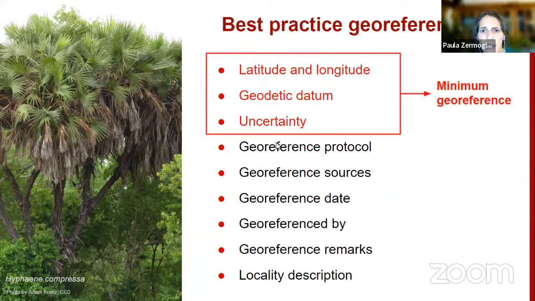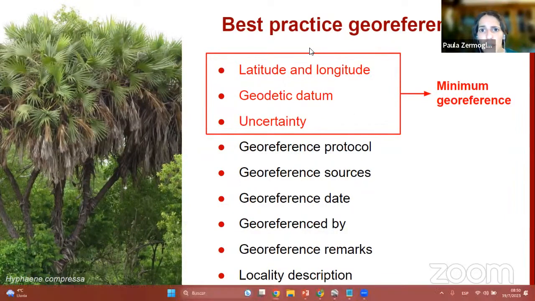As I was saying, these three elements, coordinates, datum, and uncertainty, are the minimum that we have to provide to have a georeference. So a minimum georeference will have these three elements if we're working with the point radius method.